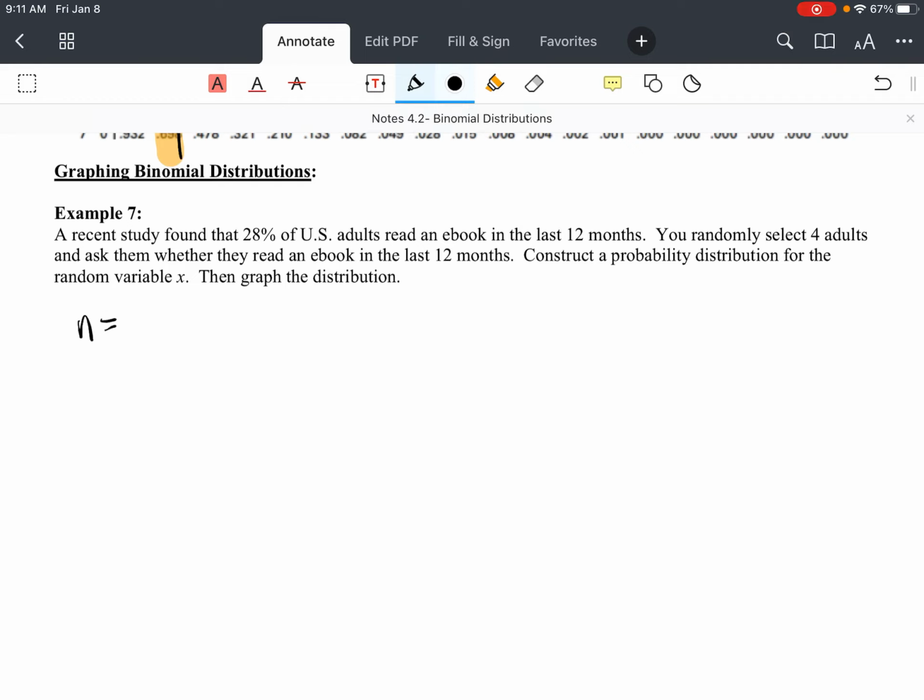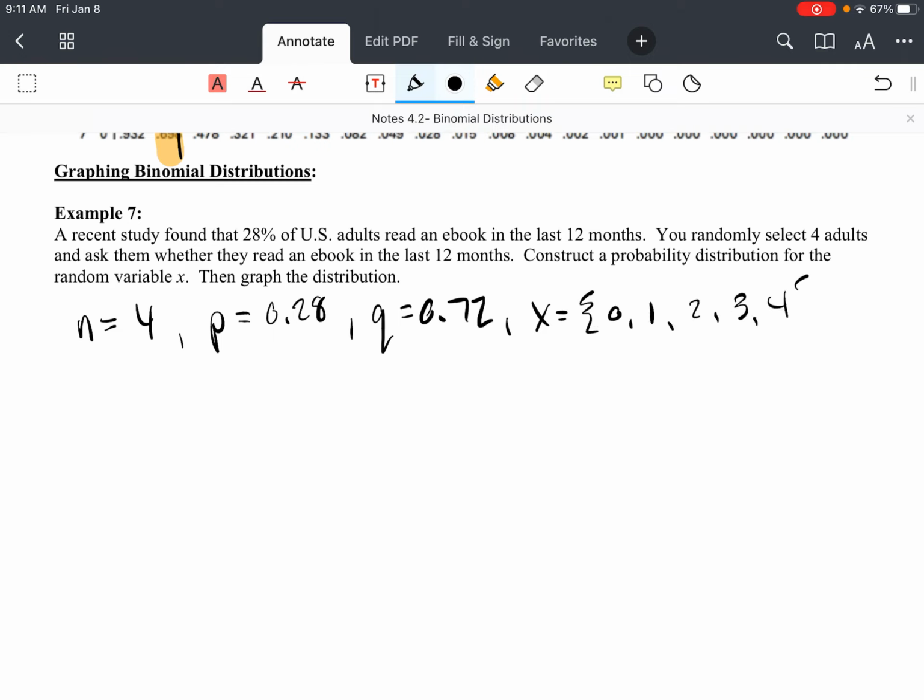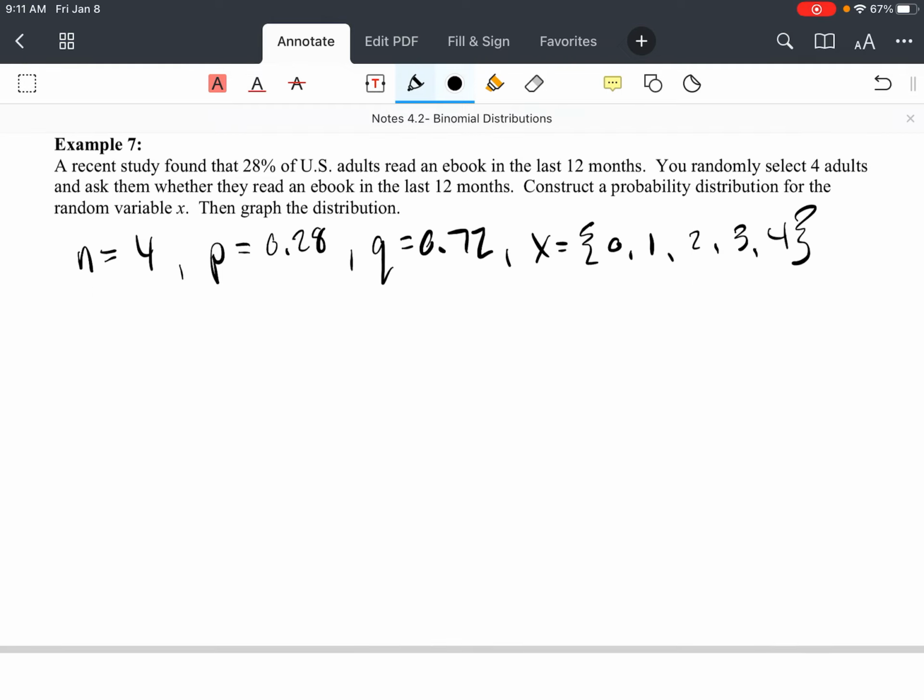All right, so let's go ahead and pick the parts out. So n is 4, p is 28%, which means that q would be 72%, and then x is 0, 1, 2, 3, or 4.